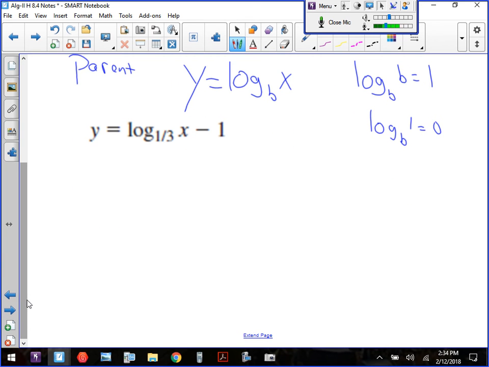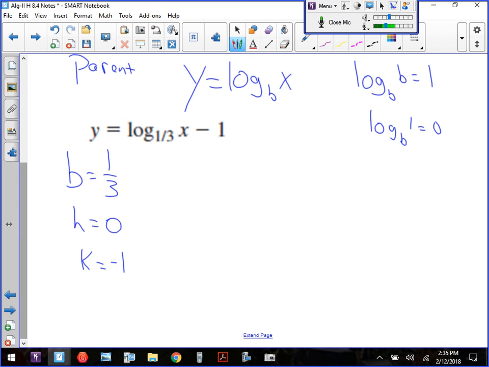Your h is always thrown in parentheses. Do I see anything thrown in parentheses here? So what's your value of h? 0. If it was 1, it would have been, sorry, -1. It would have been in parentheses. Since there's nothing in parentheses, there's no h. So my base is 1/3. My h is 0. And then my k is -1.